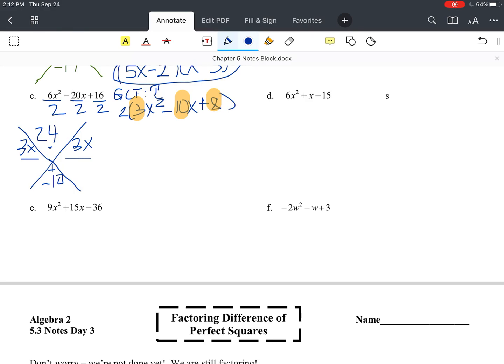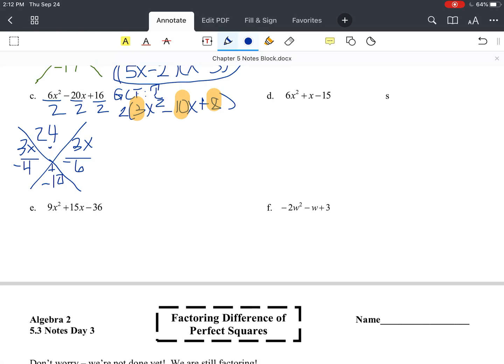So you've got to think, well, 24 is 8 and 3, so that doesn't work. You can try 6 and 4, which will work. So one of them is going to be 4, and then one of them is going to be 6, and they both have to be negative in order to add to negative 10 and multiply to positive 24.